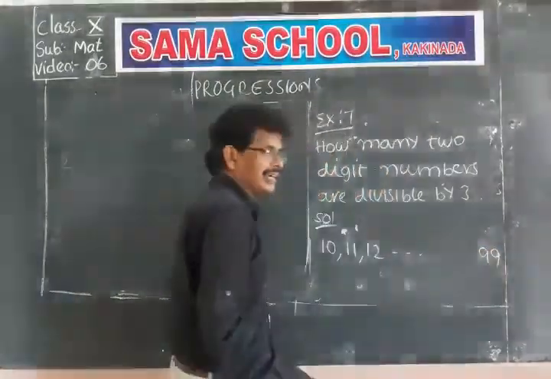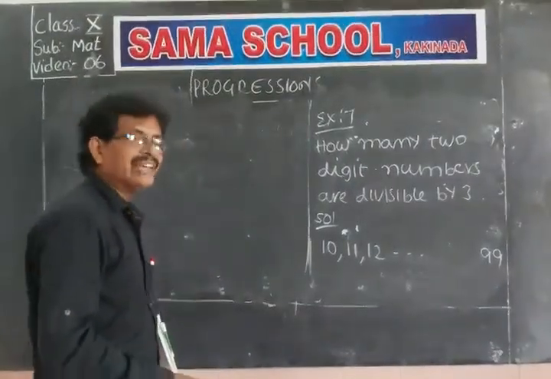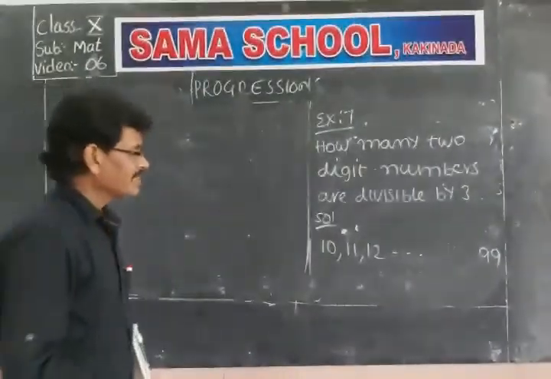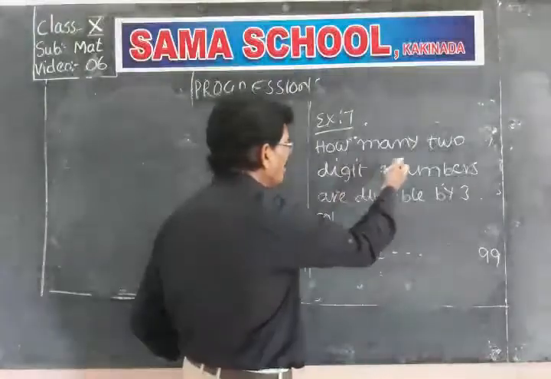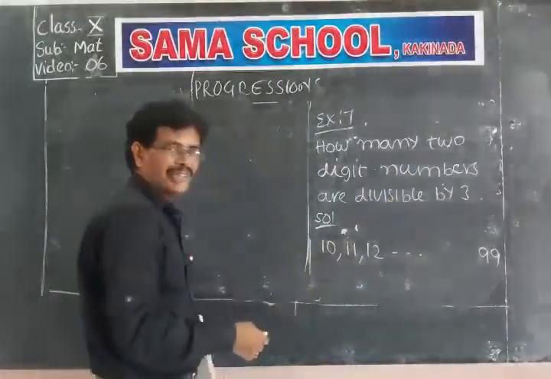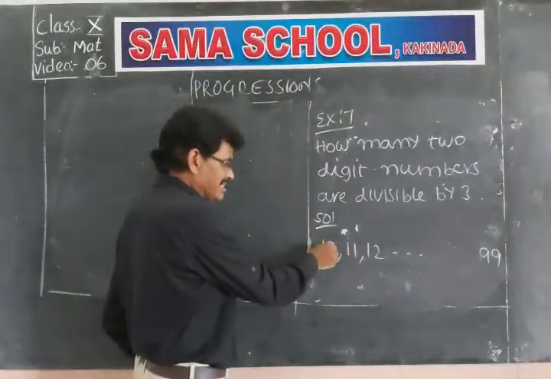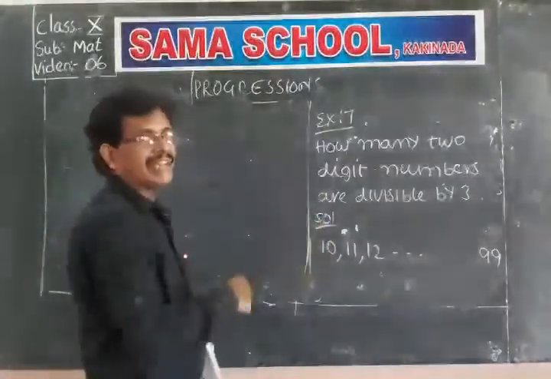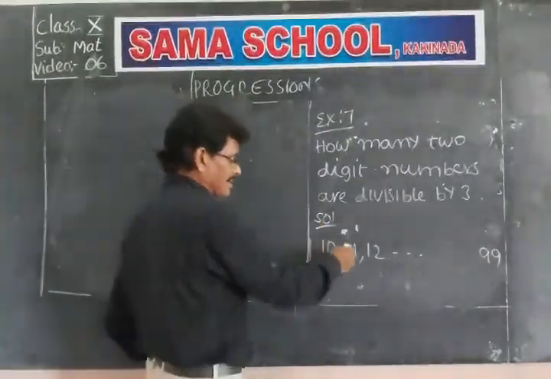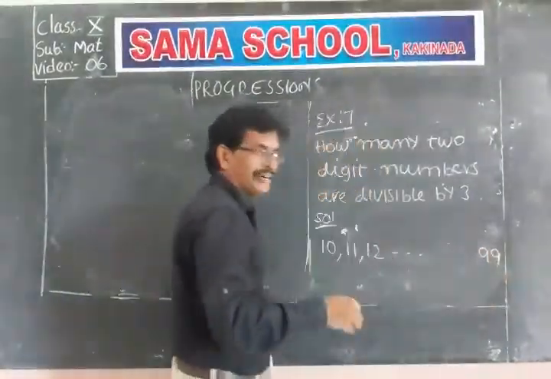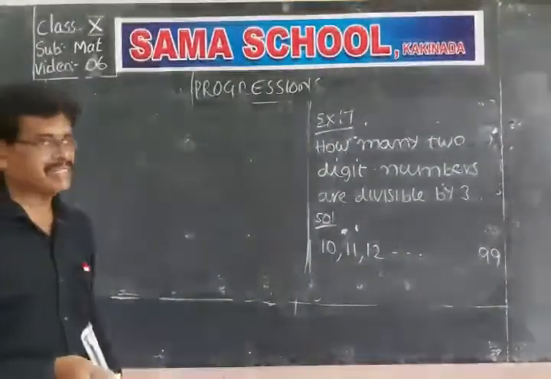After 99 we have 100, which is the smallest three-digit number, right? So here the two-digit numbers start at 10. Before that, 9 is a single-digit number, and the last number is 99. After that the three-digit numbers start from 100.